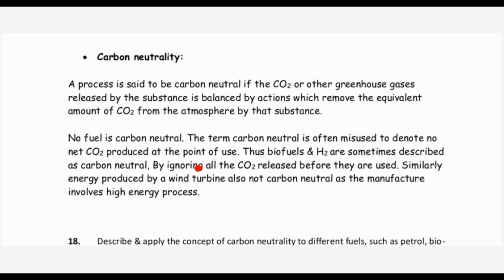So even if you're driving an electric car, and at the back of this car it says carbon neutral and zero emission, this is not true. It is true only at the point of driving the vehicle. Yes, you're not going to release any carbon dioxide when you're driving an electric vehicle, but how did the electric vehicle come into existence?